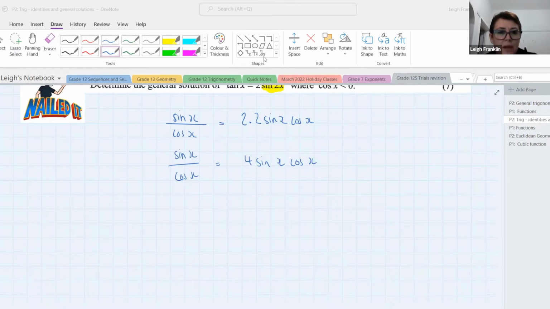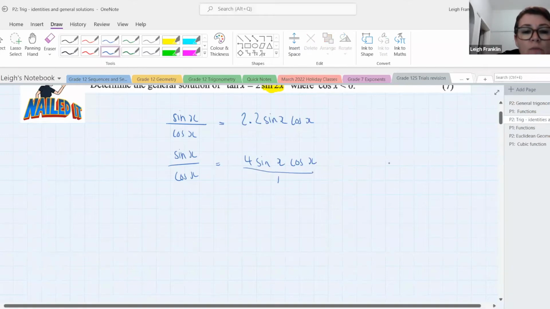When you're saying divide both sides by cos, you're just using the wrong word. It's not dividing both sides by cos, it's multiplying both sides by cos x. Remember, the opposite of dividing is times. So either you can cross multiply or multiply both sides by cos x. It's exactly the same thing.